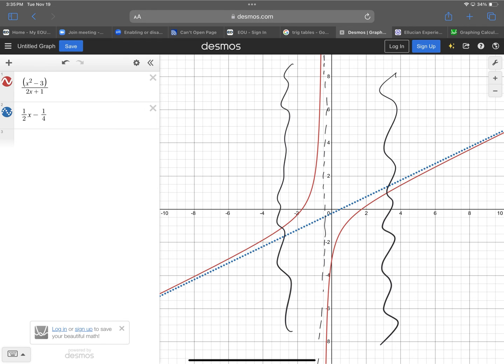That's what a slant asymptote looks like. And you are able to graph these when they have that form of the numerator degree being a greater power than the denominator degree.